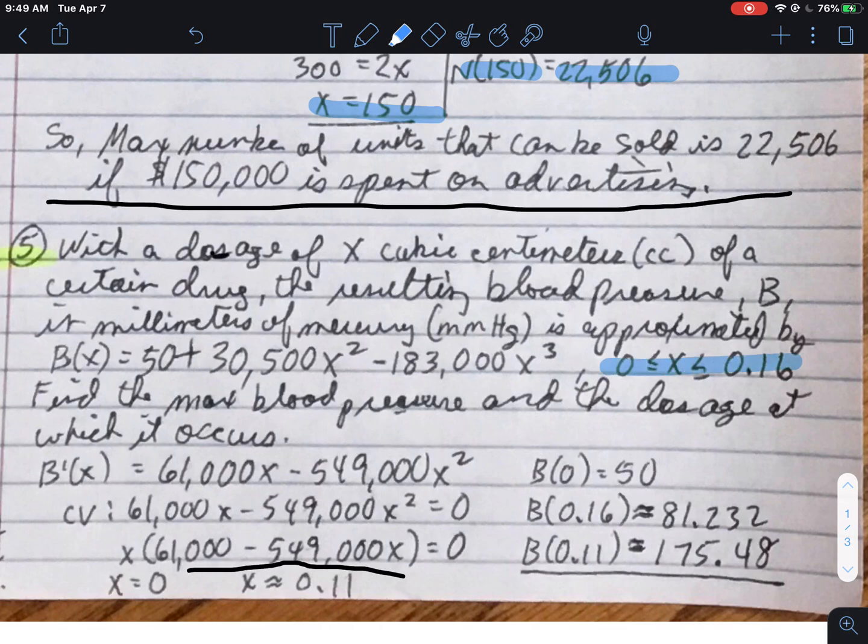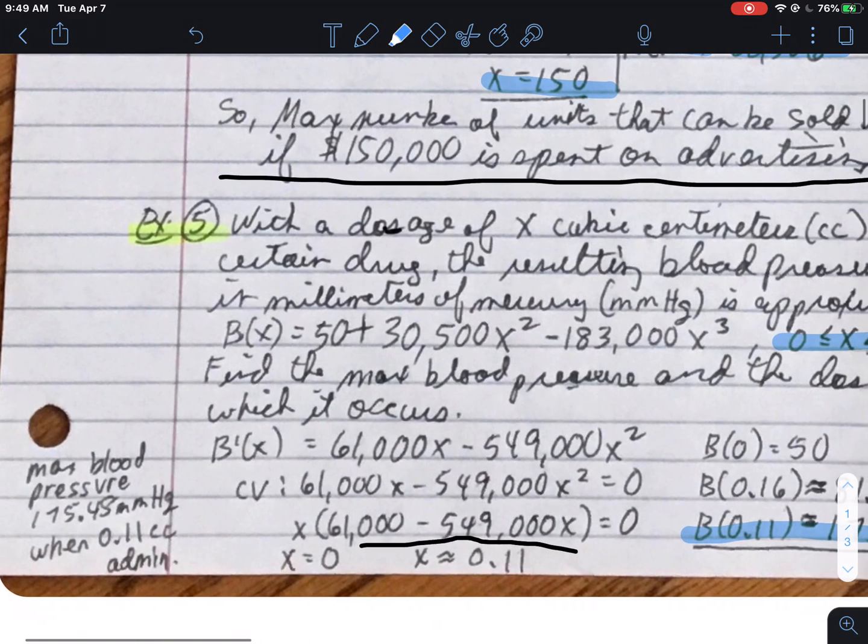So we plug those into our function to give us our function values, and our question was to find the maximum blood pressure. That is what B calculates. There's our maximum blood pressure of 175.48 millimeters of mercury. And what amount of the drug? That's our x, the number of cc's, 0.11 cc's.